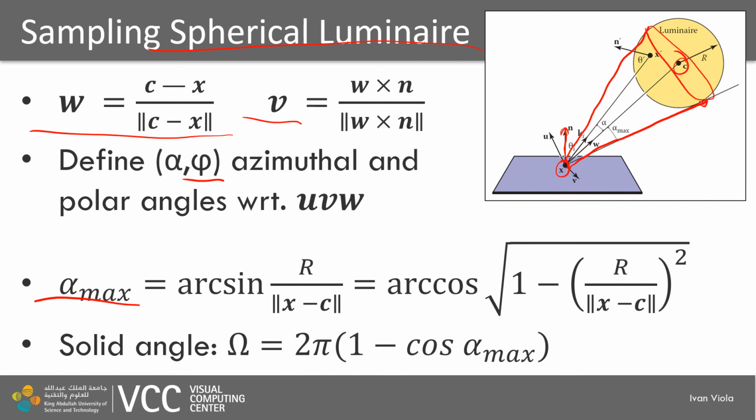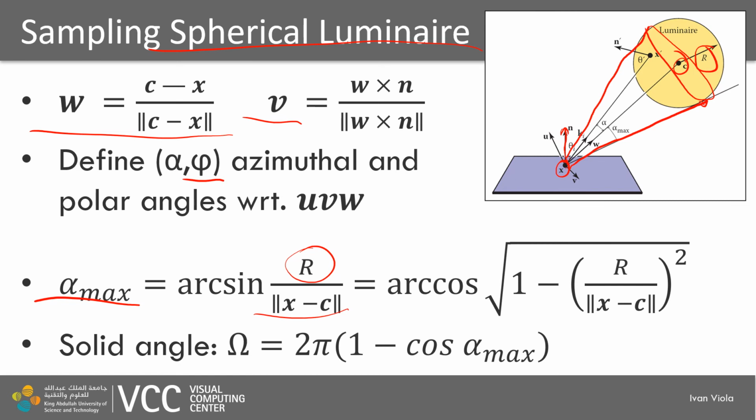So the alpha max, from this trigonometric setup, based on the knowledge of the diameter or the radius of our light source, can be calculated as the arc sine function of r divided by the length of x minus c.